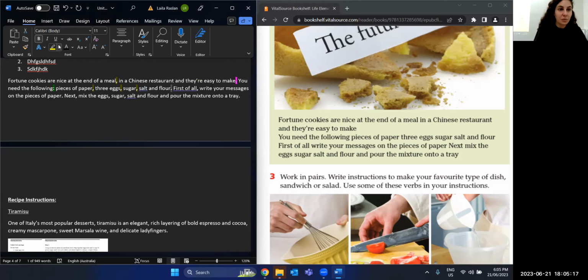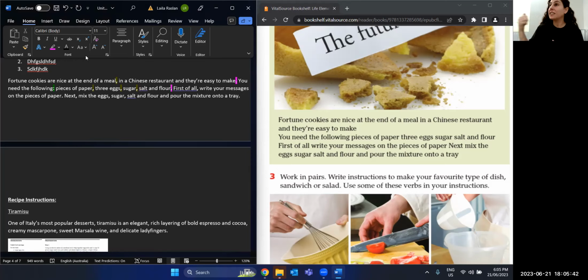If not, this is what it would sound like. If I don't put those punctuations, those rules, this is what it would sound like. You need the following pieces of paper: 3 eggs, salt, sugar. I can't even say it because it helps when you put the comma and the colon, it helps with speaking and reading. So it would sound like this. You need the following pieces of paper: 3 eggs, sugar, salt, and flour. You can't understand it.